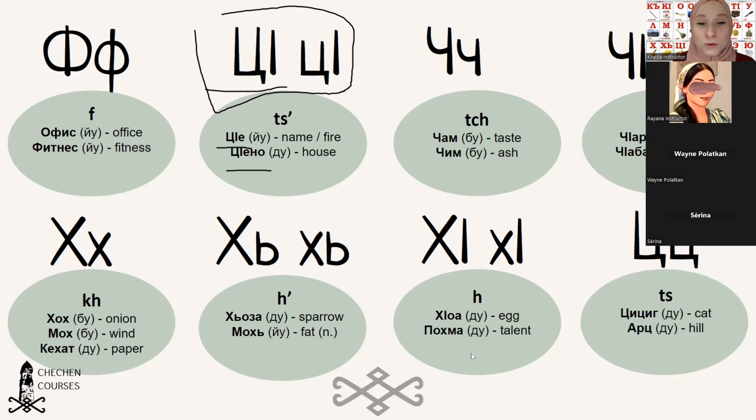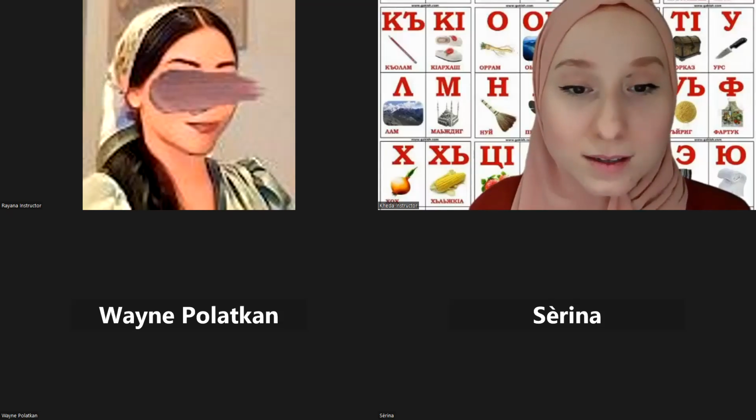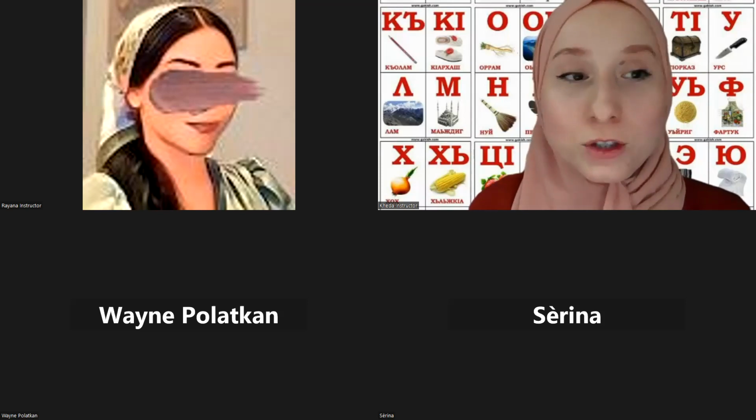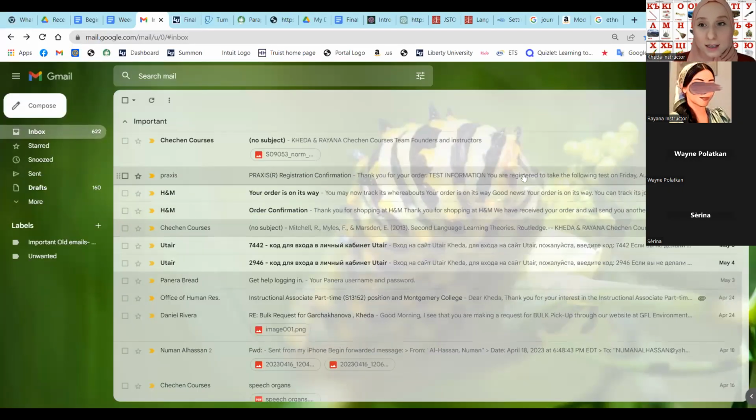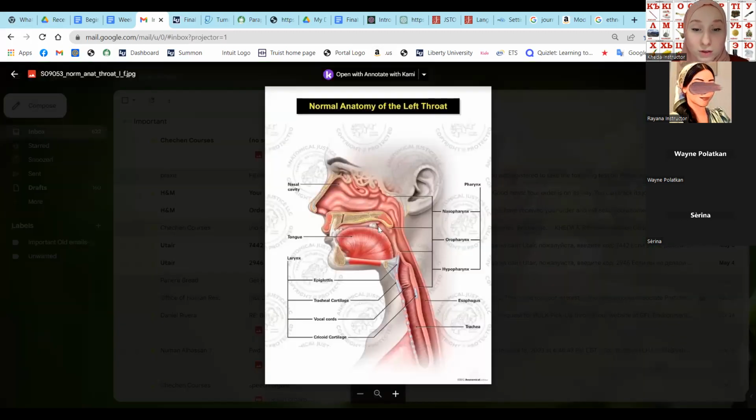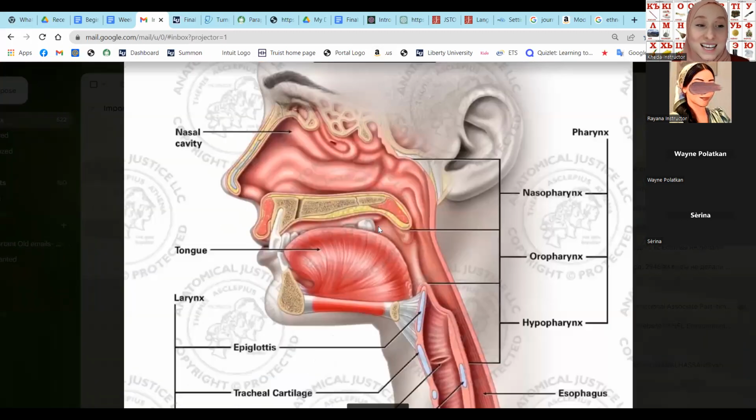So I'm going to show you the language organs again. In order to explain this sound, I start with my teeth and my tongue right here. I start the sound there.